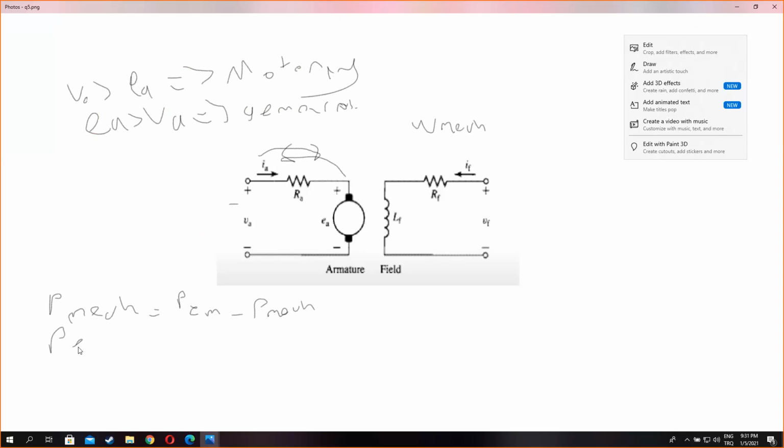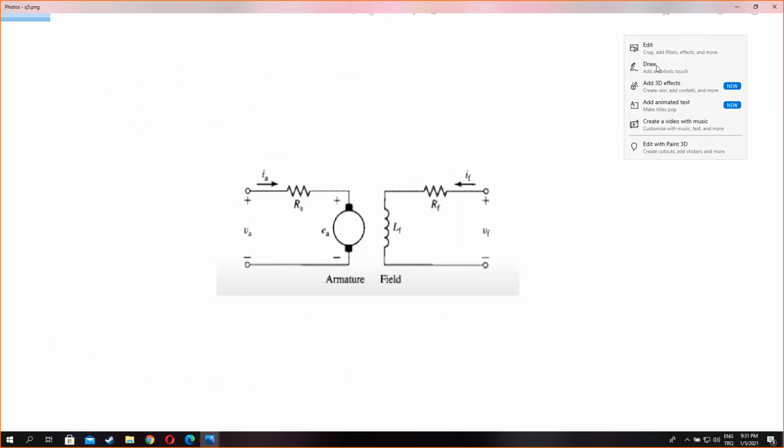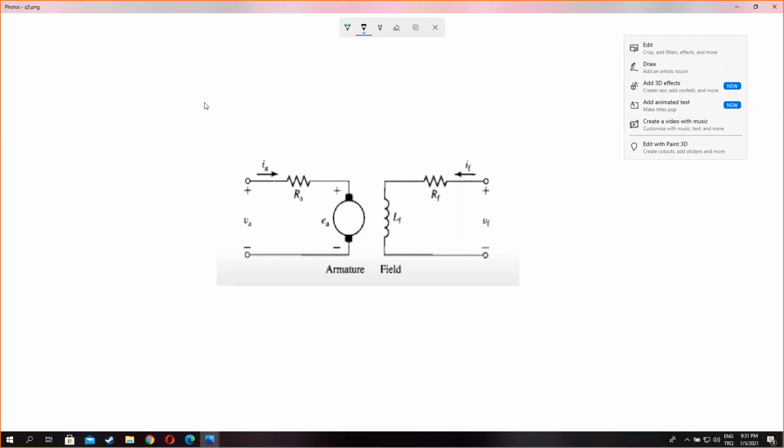So if PEM is bigger than P mechanical, it will be motoring, and in the other case, probably somebody turned the motor with wind or with their hands, this will be generator. This will be motor. And as the last part, I want to draw the power flow.